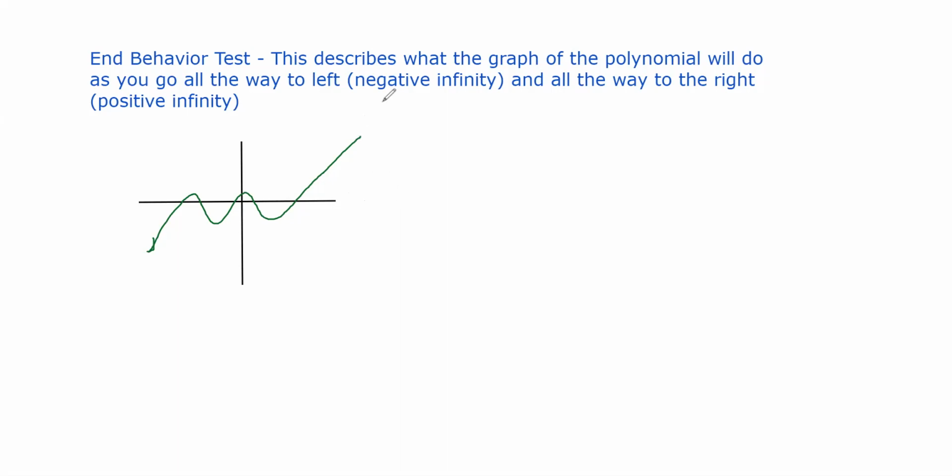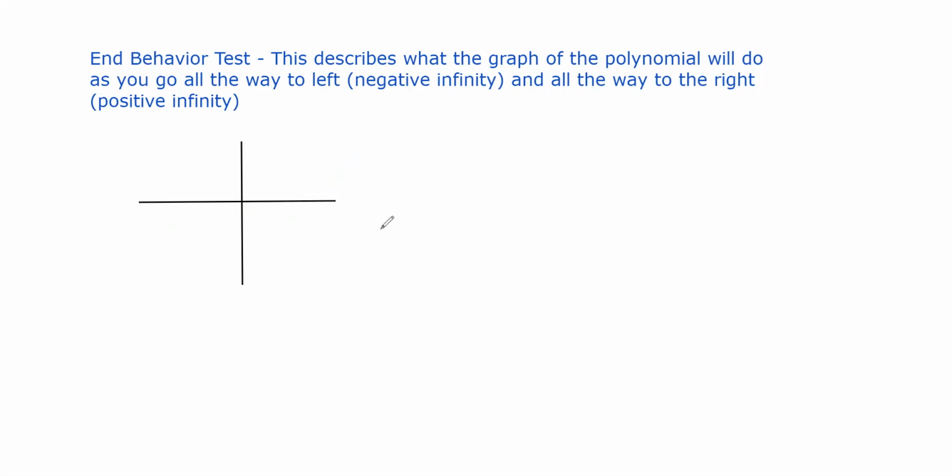In this case, this polynomial blows up to positive infinity. It goes up and up. And as I go to the left, as I go down to negative infinity along the x-axis, this thing falls. It falls down to negative infinity along the y-axis. So positive infinity on the x-axis also goes up to positive infinity on the y-axis. It blows upwards. That's going to be what the end behavior test is concerned with.